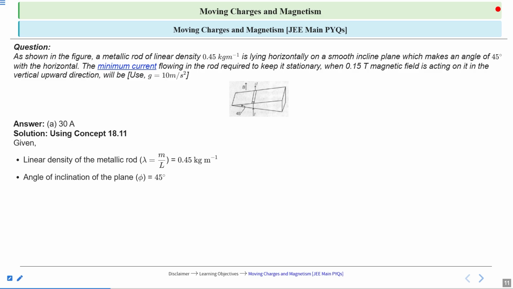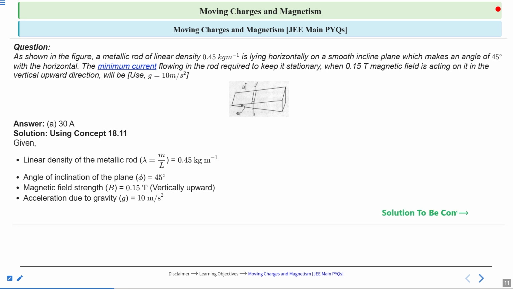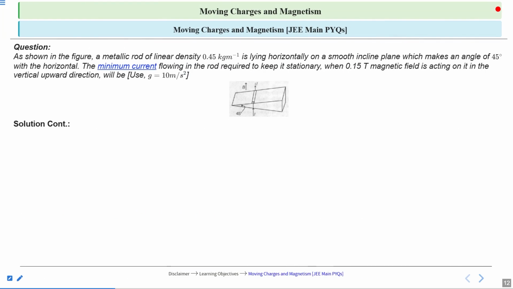The angle of inclination of the plane, which we denote as phi, is equal to 45 degrees. Magnetic field strength B is equal to 0.15 Tesla, which is vertically upward, at 90 degrees to the horizontal base. Acceleration due to gravity g you can use as 10 meter per second square. These things are given.